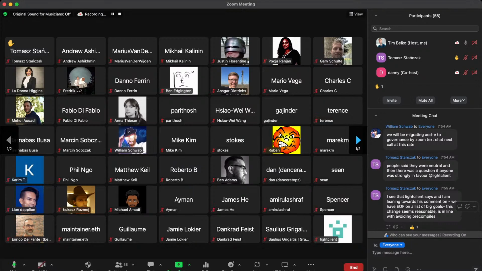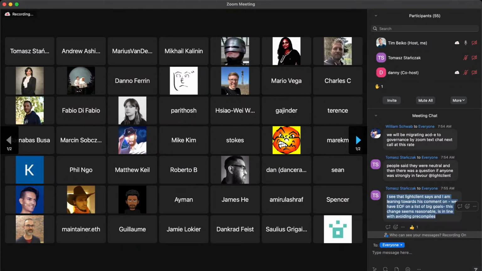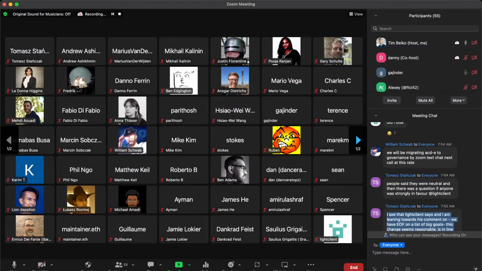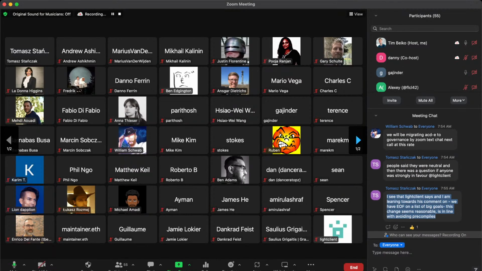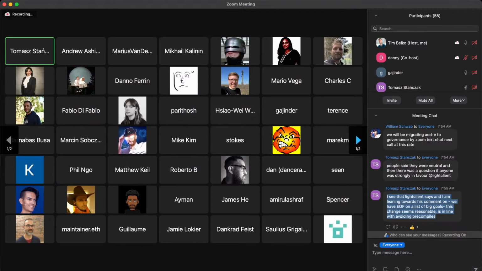Tomasz, do you still have your hand up from the previous time, or do you want to add? No, I'll lower my hand. I wrote in the chat that I agree with the reasoning of Light Client that this seems to be a simple, reasonable change in line with many of our goals, like moving away from precompiles, going towards EOF.